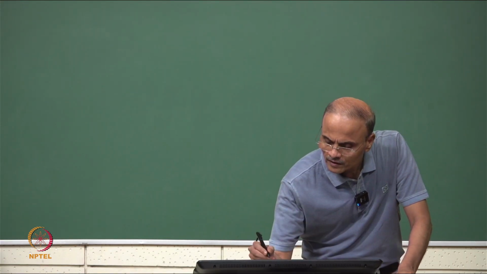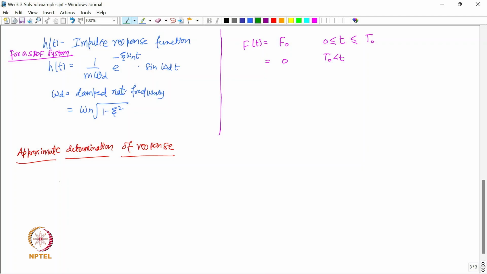So, let me again redraw the time domain forcing function here. This is the time domain function we are given, f naught and t naught, and what we are going to do is to approximate this as an impulsive function acting at t equal to 0, like this.